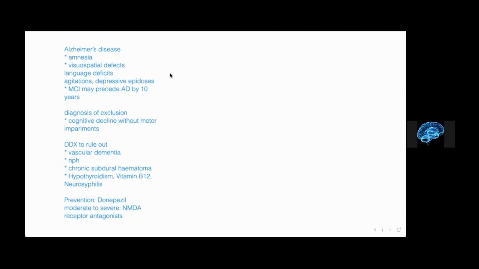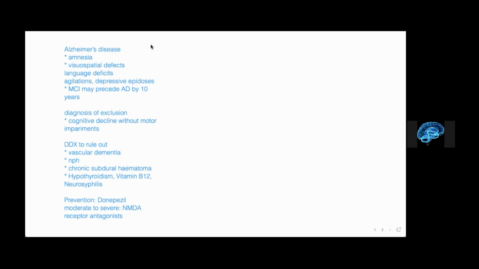So for these patients, make sure that you're treating not only the Alzheimer's disease, but also the depression, the agitation, the sleep disorders, the hallucinations, the delusions as well. And one thing else is to provide supportive therapy for patient and family for more holistic care. And that's everything on Alzheimer's disease.